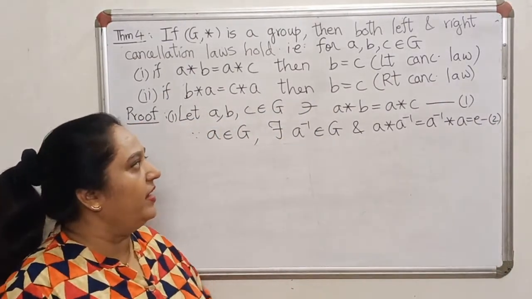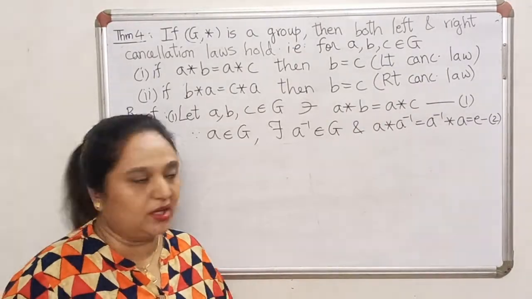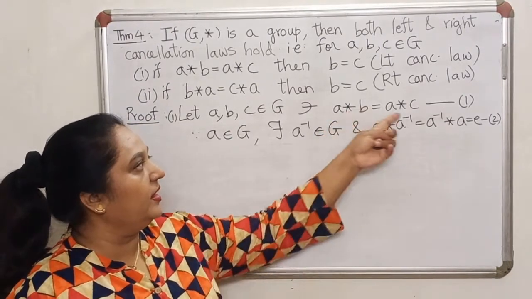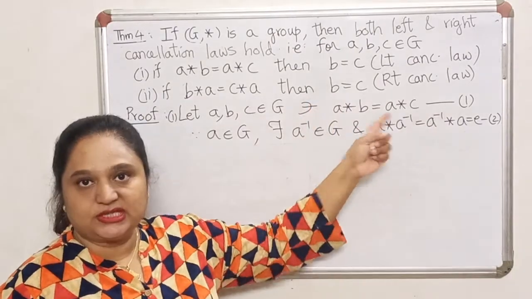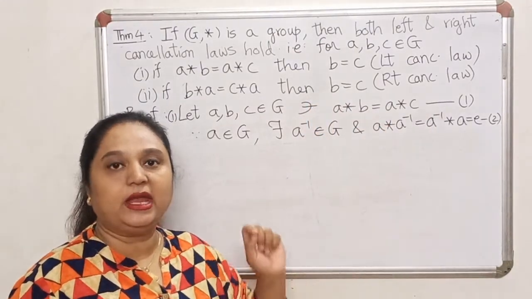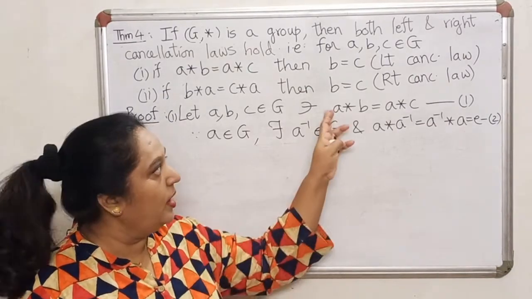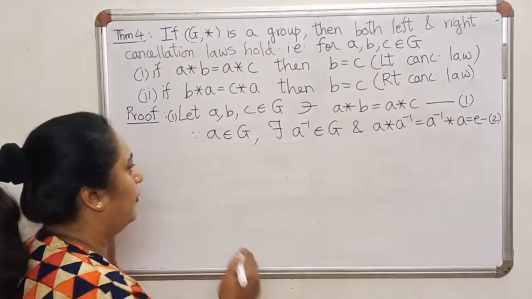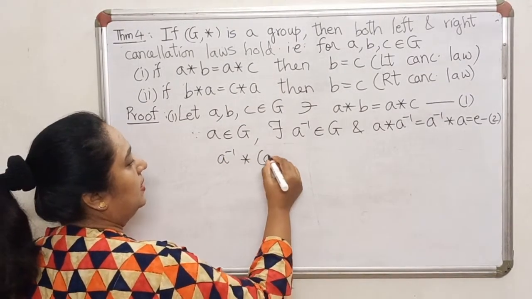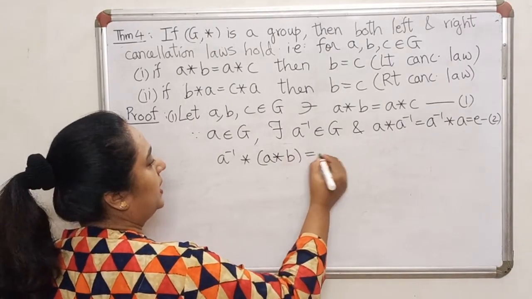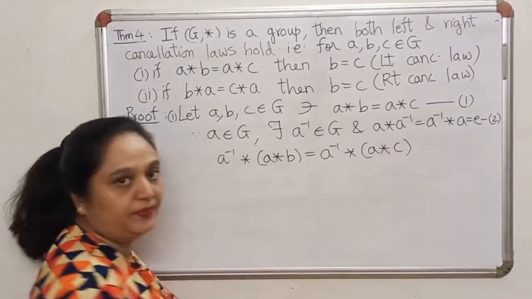Now since we have agreed to call this operation a product, let's pre-multiply both sides of this equation by A inverse. Pre-multiply means multiply from the left on both sides. So from equation 1, when I pre-multiply by A inverse, I'll get A inverse star (A star B) equal to A inverse star (A star C).